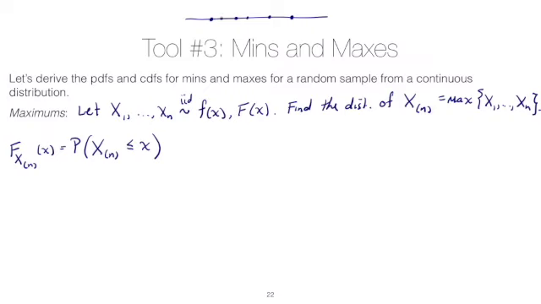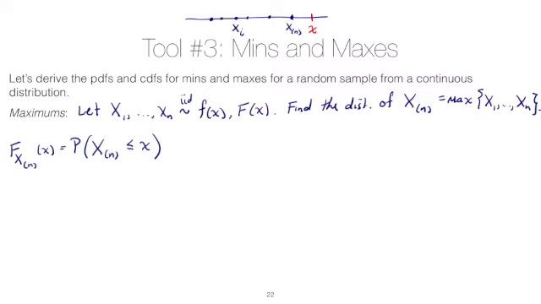All of those are values of the sample, they're something like an xi. And then we've got some particular x value. What this probability statement says is that the maximum value is less than or equal to little x. So in this illustration, this is the max value, and it's less than little x.